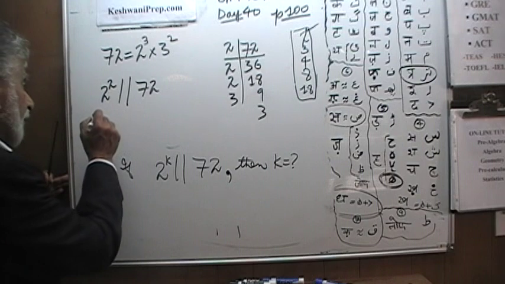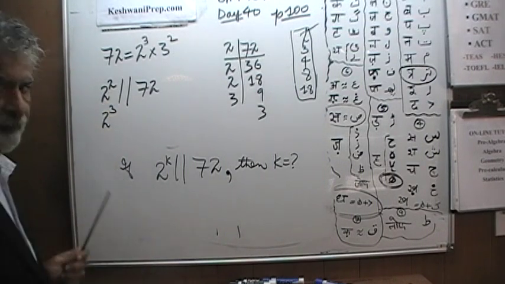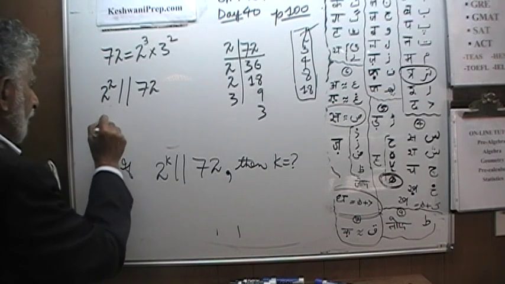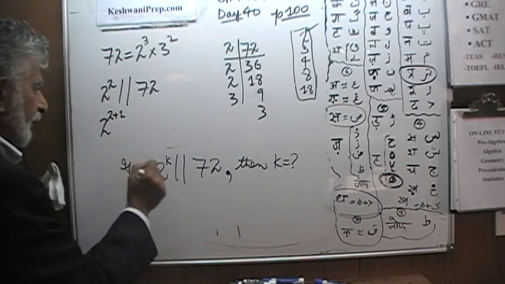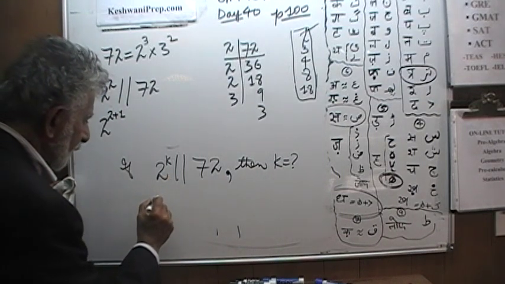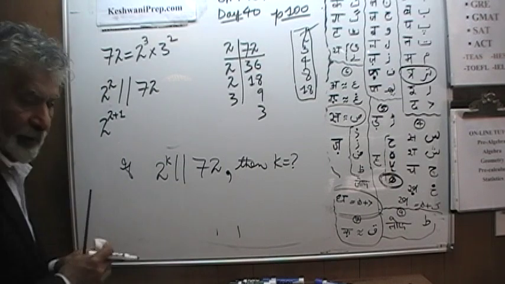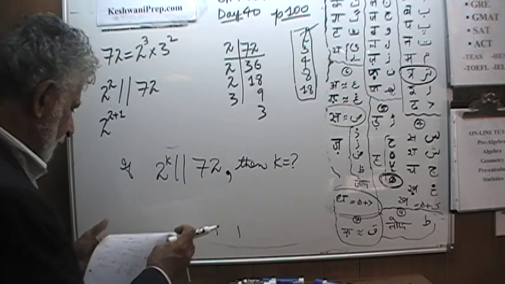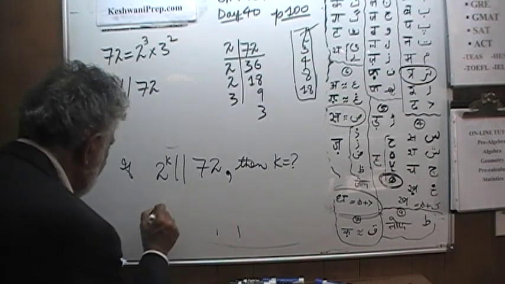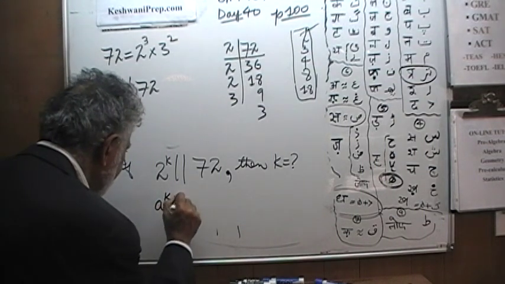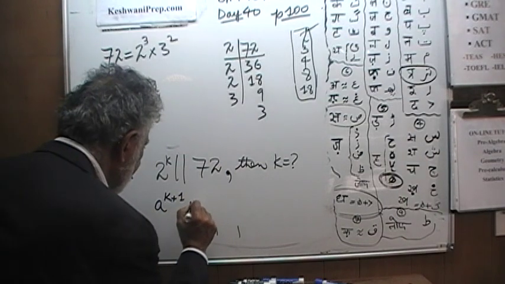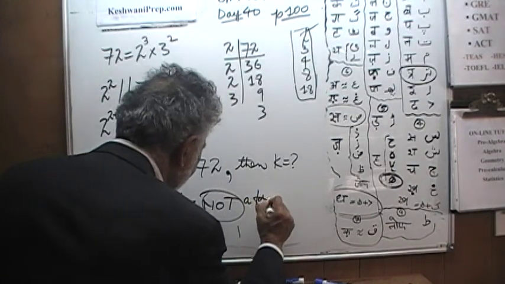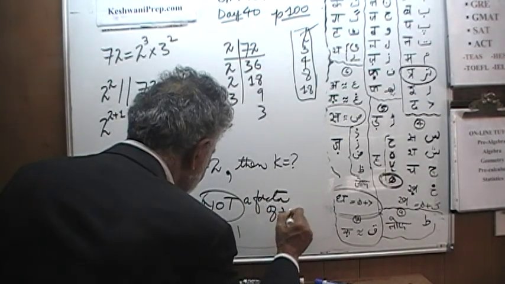But so is 2 raised to 3. 2 raised to 3, 2 plus 1, k plus 1. We are told that a raised to k plus 1 is not a factor of 72.